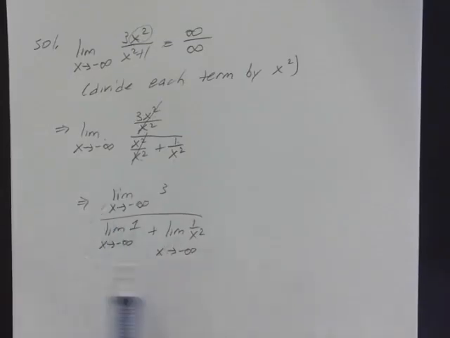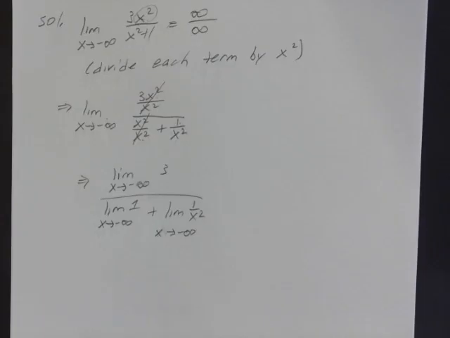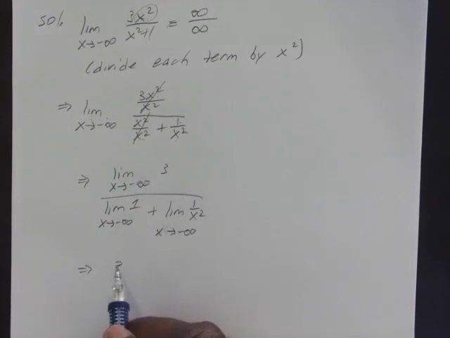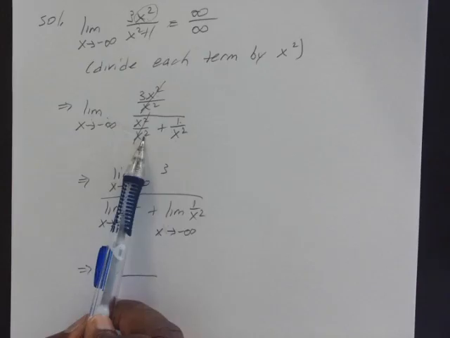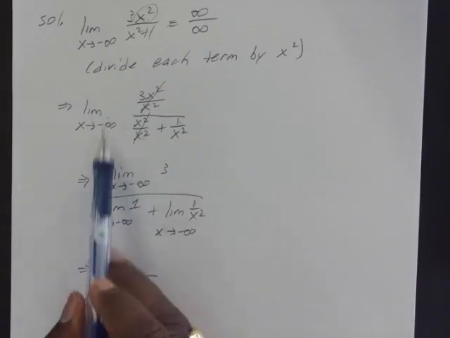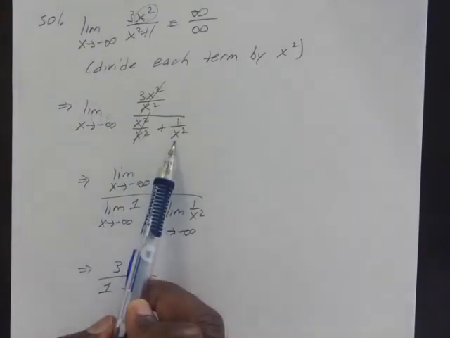And again, this is the step you can skip because you can figure it out just from the previous step. Okay, so we know the limit of 3 is just 3, divided by the limit of 1, which is just 1, plus the limit of 1 over x squared, which is just going to be 0.